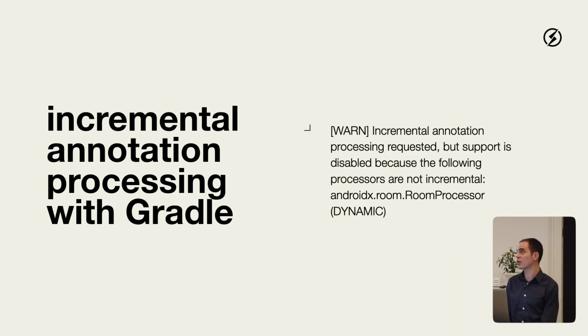So if you see this very dreaded warning, this means that, oops, this module has one non-incremental processor, and it will be non-incremental for the whole module. So this is for Room. To avoid confusion, Room actually supports incremental compilation, but only if you use JDK 11 or a bug-fixed JDK 8. If you are using Android Studio, it will be incremental, so don't worry.